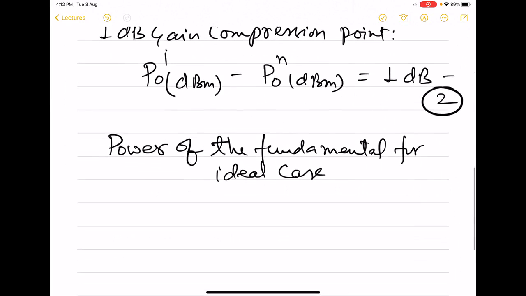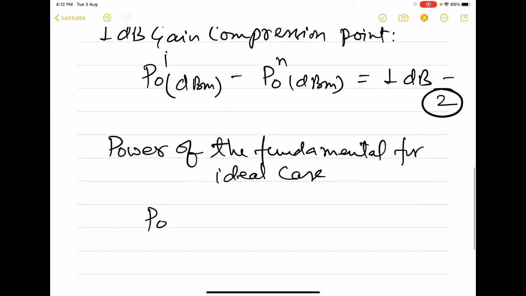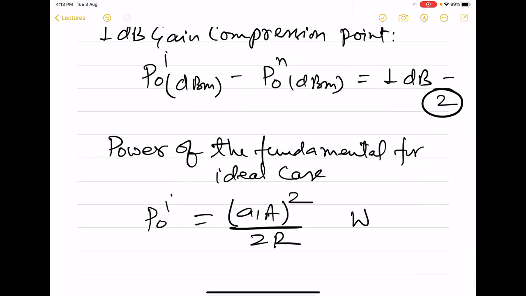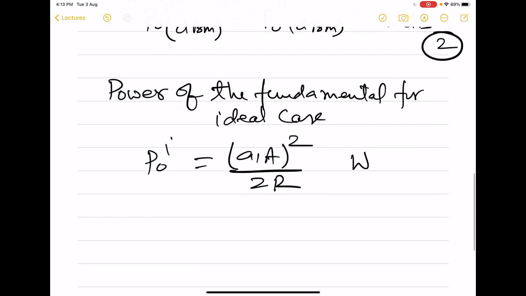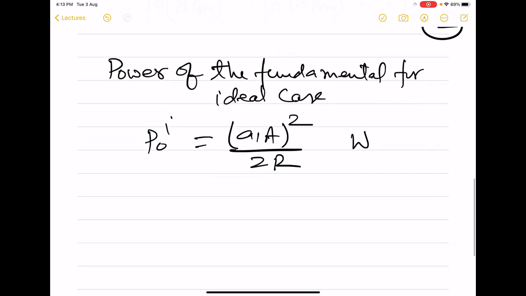So this output power for the ideal case will be equal to A1A square by 2R. And this is going to be in watts. So here we assume that this power is being delivered to a load of value R. And we know that in RF and microwave, all the loads are going to be of the same value.